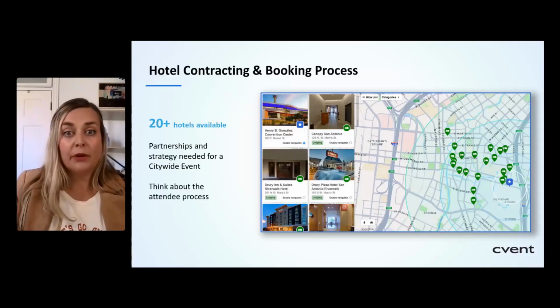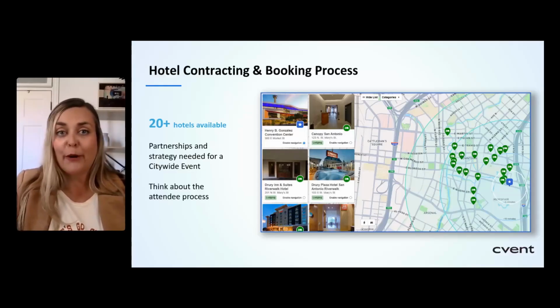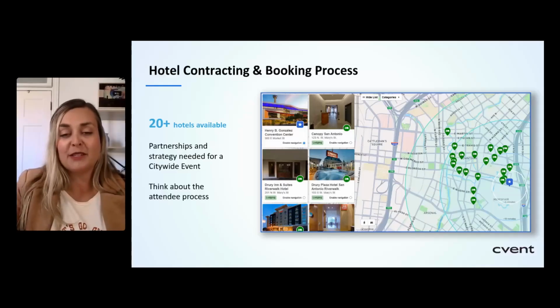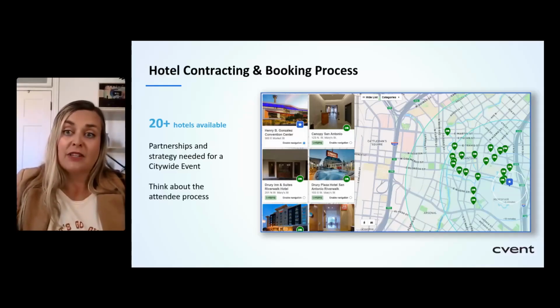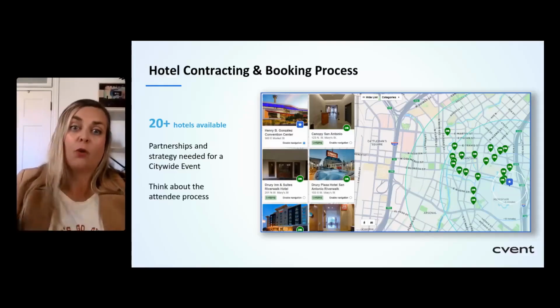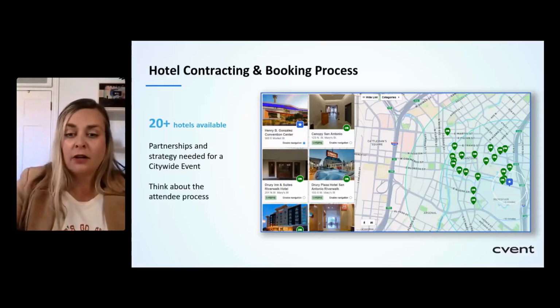I look at the walkability to the conference center. I try to keep all of our hotels under a mile to walk there, or offer shuttles if it's over half a mile or over a mile from an accessibility standpoint. And then I look at the number of rooms they have. Obviously, the smaller the hotel, the more hotels you're adding to your block.